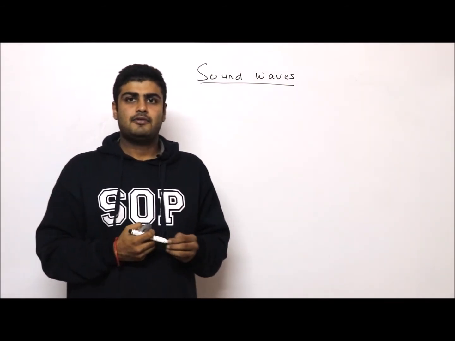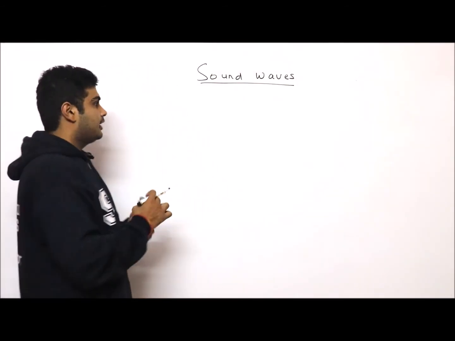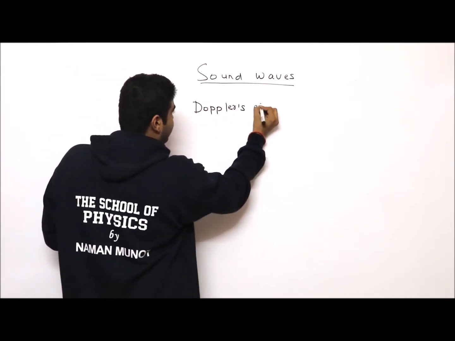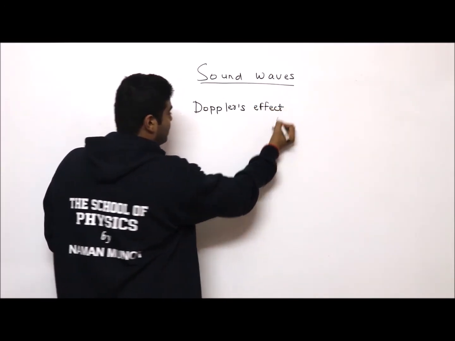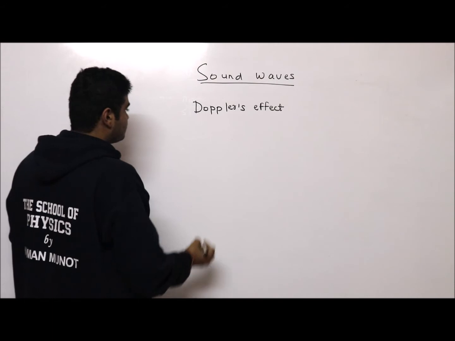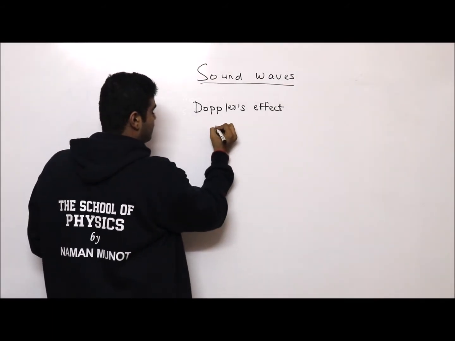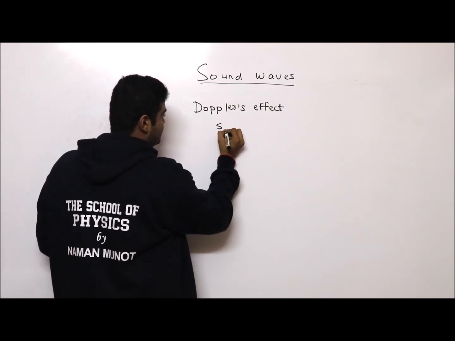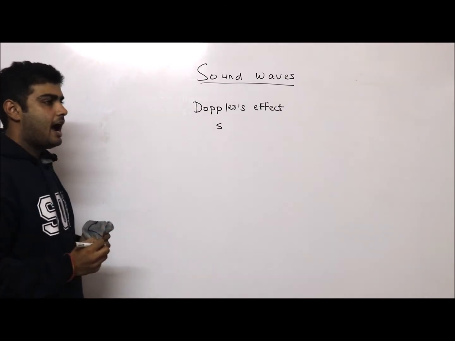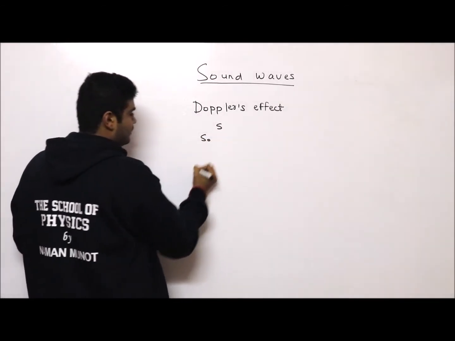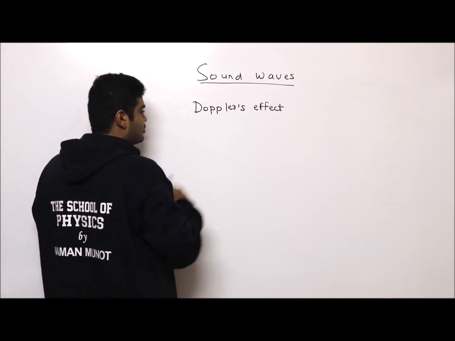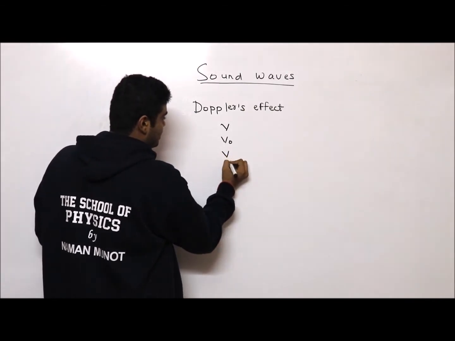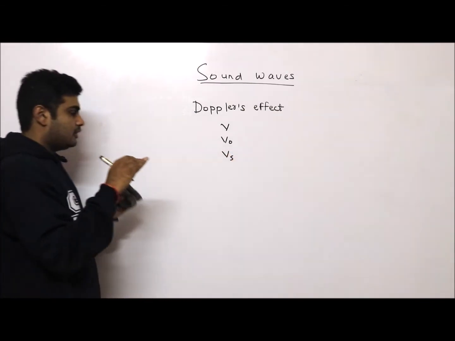Okay, next thing that we are going to cover is Doppler's effect. What is it? Suppose the speed of sound in the medium is v, this is the velocity of the observer, and this is the velocity of the source.